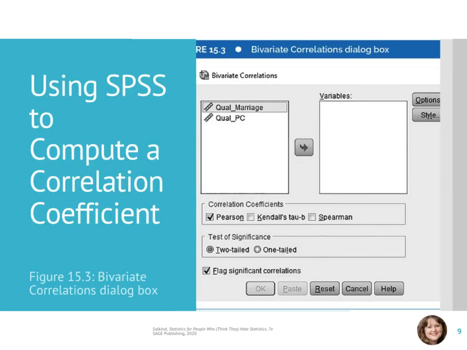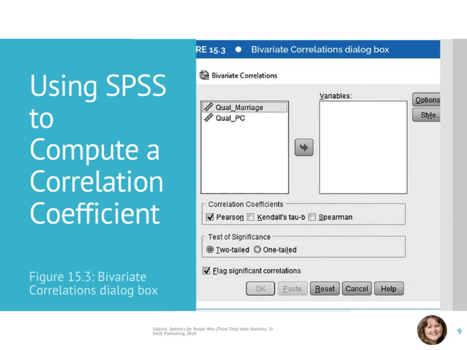Doing a correlation coefficient is actually pretty easy in SPSS. I'm just going to show you a couple of dialog boxes here. You can go into SPSS under Analyze and run a bivariate correlation. You can see here in the box, if you've got a couple of variables, they had quality of marriage and quality of parent-child relationship there on the left.